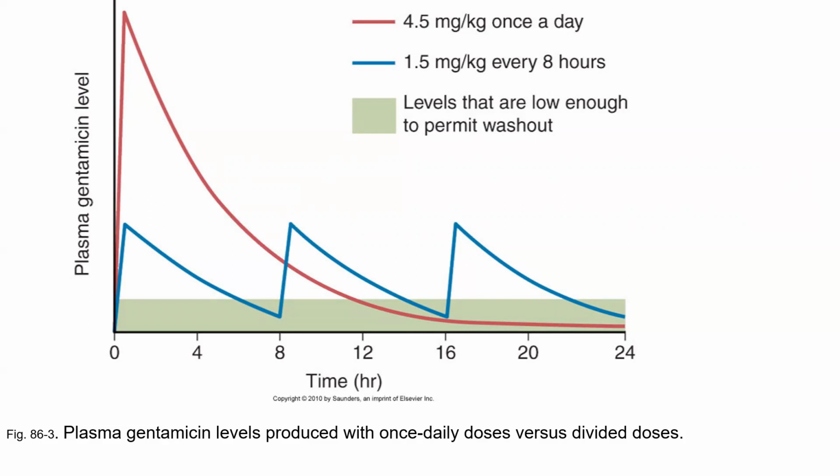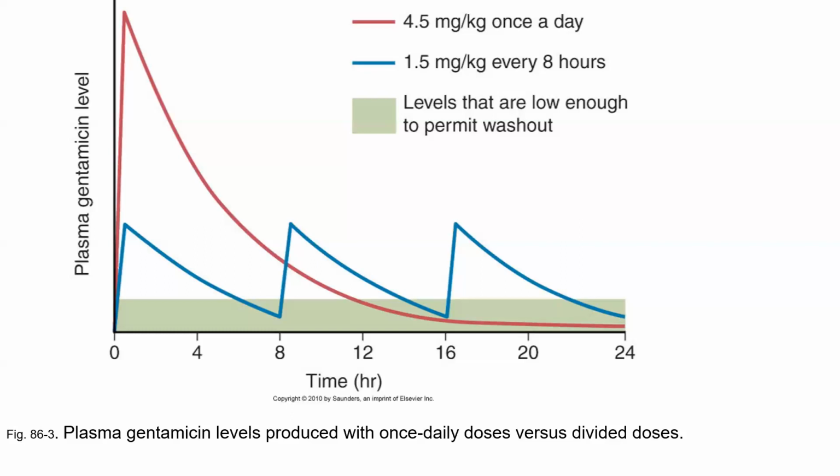The curves depict the plasma levels produced with the first, a single large dose administered once a day, versus the same daily total given as 3 smaller doses spaced 8 hours apart. The plasma levels with both regimens are high enough to produce a good bactericidal effect.